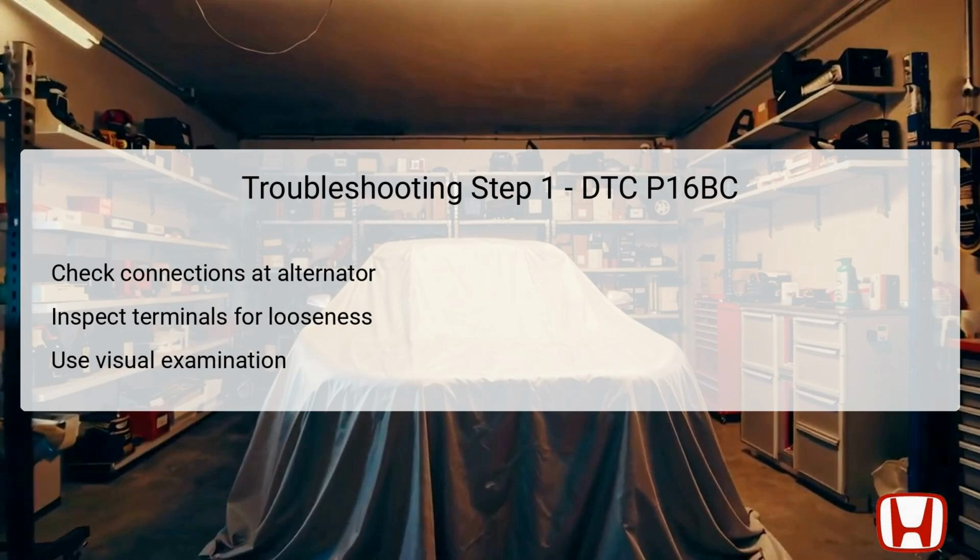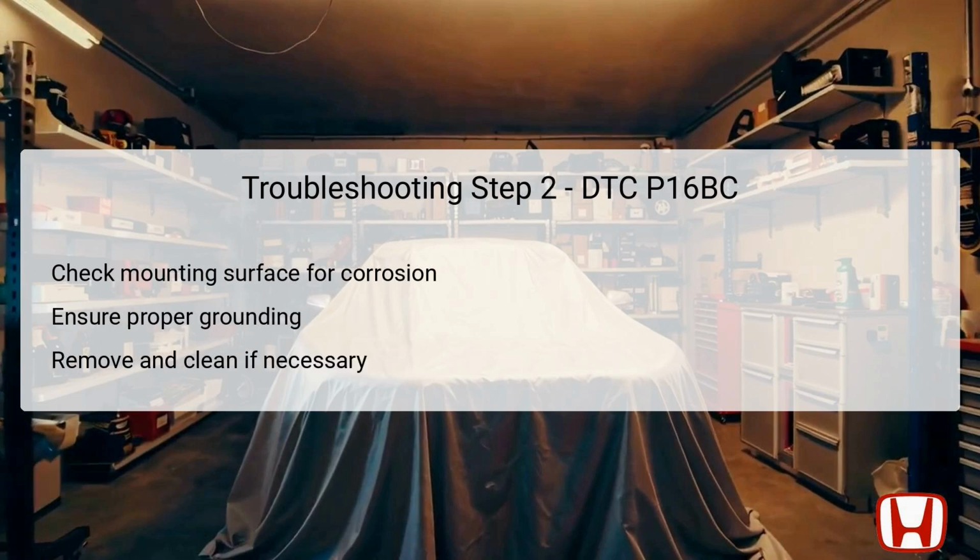investigation. The second step in troubleshooting DTC P16BC involves checking the mounting surface of the alternator for corrosion. Corrosion can significantly affect the electrical grounding needed for the alternator to function correctly, leading to potential voltage issues. If corrosion is detected, it is essential to remove the alternator to clean all mounting surfaces thoroughly.